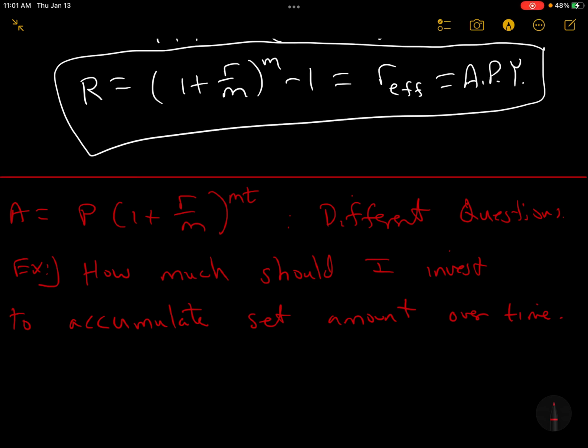Right, so let's say you're retiring in 5 years, so that's your T, and you want to put how much money in now so that in 5 years you have $50,000 or something like that.